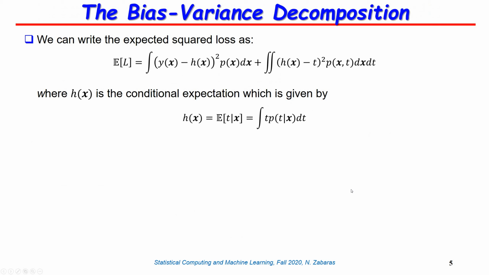To simplify my notation, I am going to take the optimal or desired regression function, this expected value of t given x, and call it h of x. So hopefully there is not going to be any confusion. So h of x is the optimal or desired regression function.